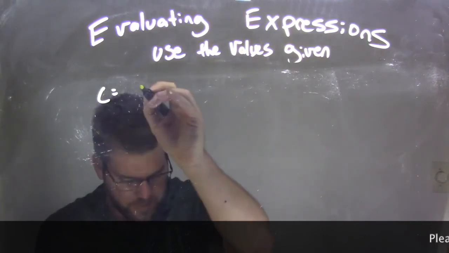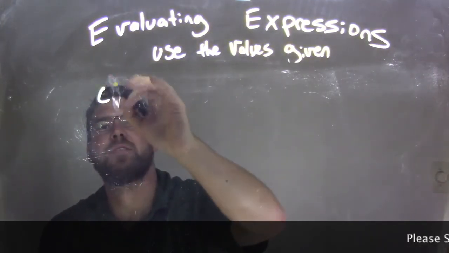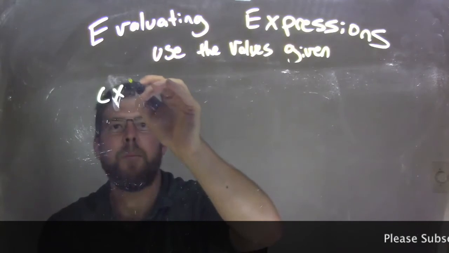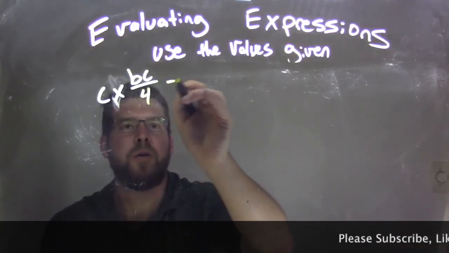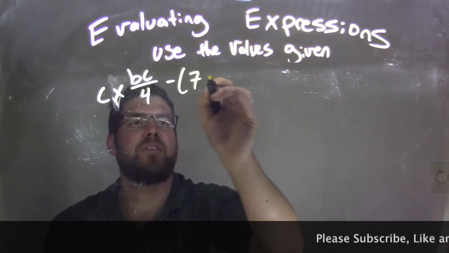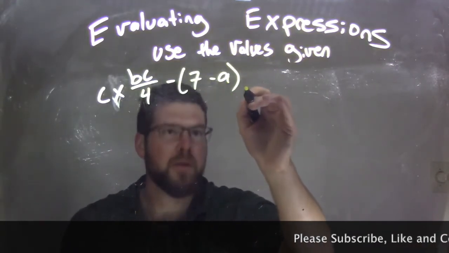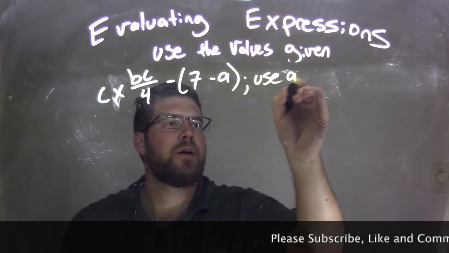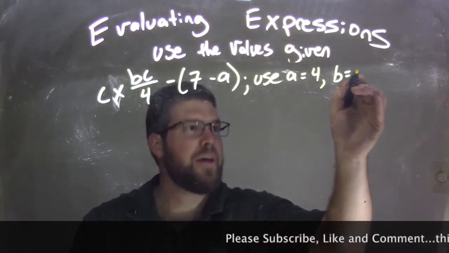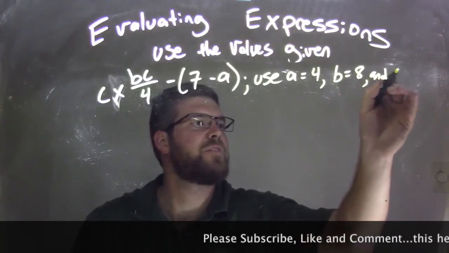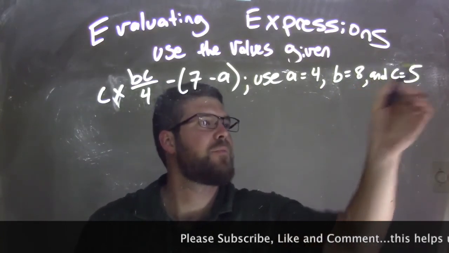C times BC over 4 minus 7 minus A. And we're going to use A equal to 4, B equal to 8, and C equal to 5.